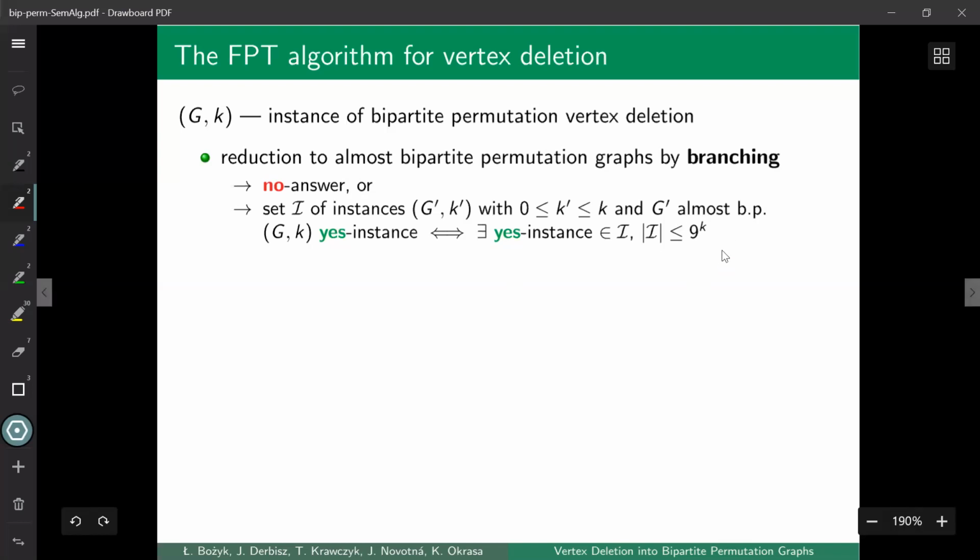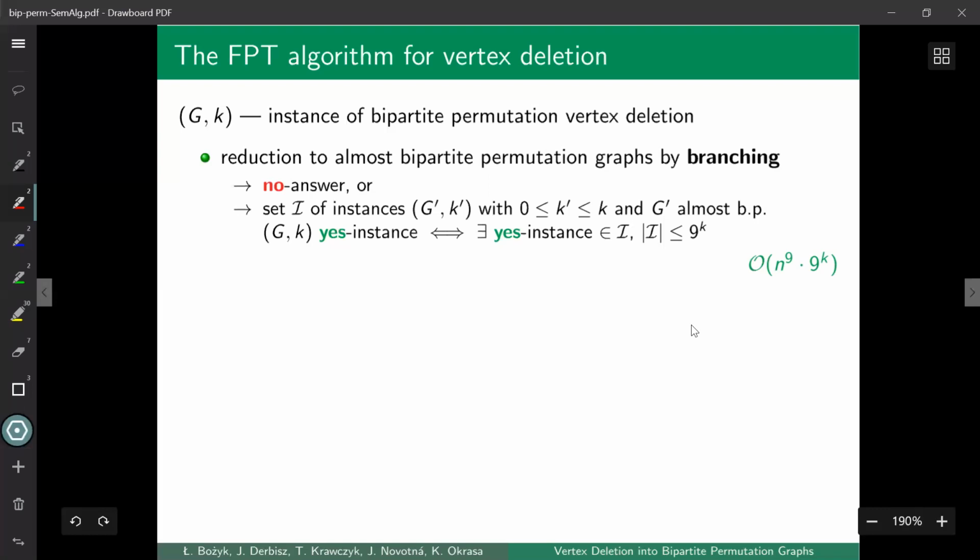And as I told you before, because our small forbidden graphs are of bounded vertex size, here 9 is the largest size of vertex set, we have this branching tree of size at most 9 to the k, and in each node we perform looking for forbidden structure of size at most 9. So all in all, we get this n to the 9 times 9 to the k as given in the statement of the theorem.